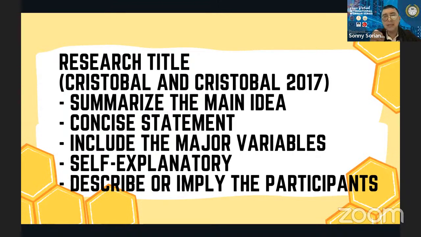For example, you will be identifying the respondents, the location, the accurate information of that specific research that you have. Also, the title that you make is self-explanatory. You don't need highfalutin words in your vocabulary; you will not be using those words in your research title. It should be self-explanatory. And next, describe or imply the participants.